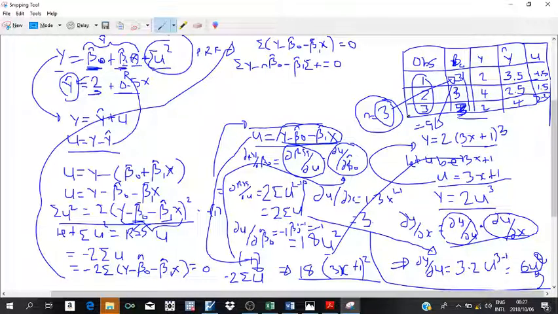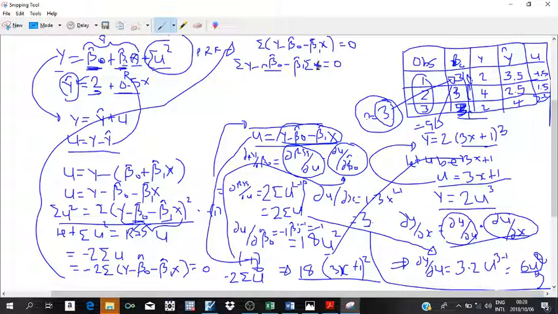In other words, this is beta naught, this is beta naught, this is beta naught. So the summation will be beta times n, which is 3 times 3, which is 9. That's why we write it as n beta naught. Okay, now this is x.